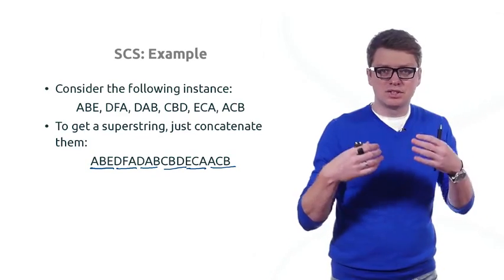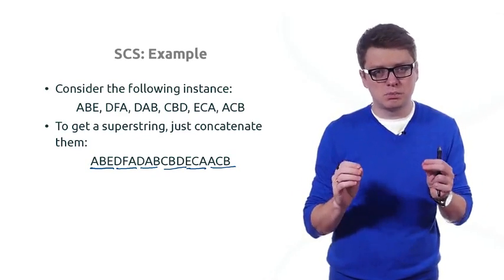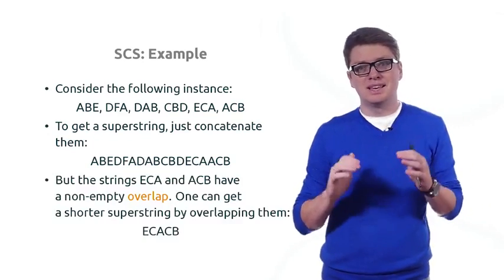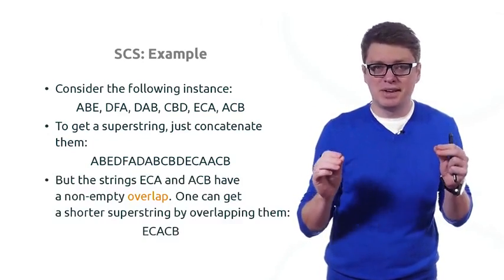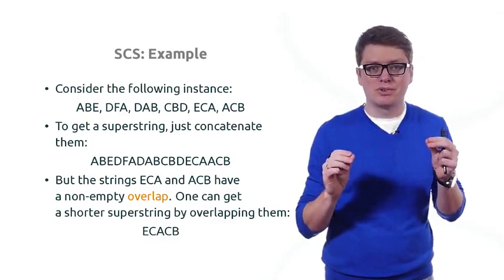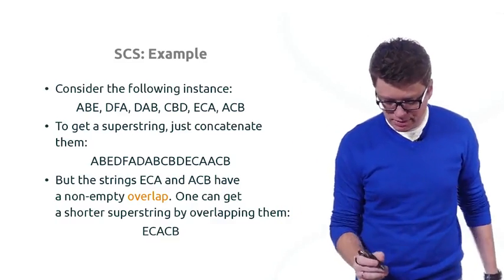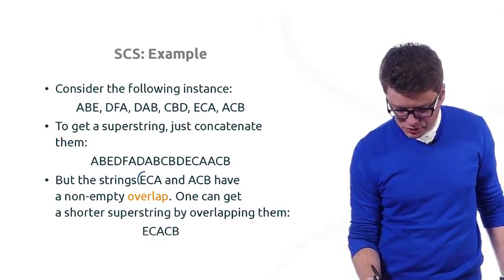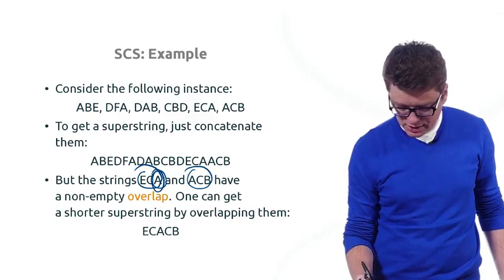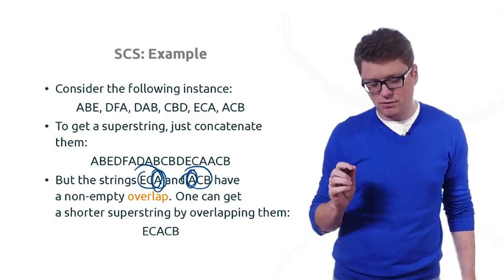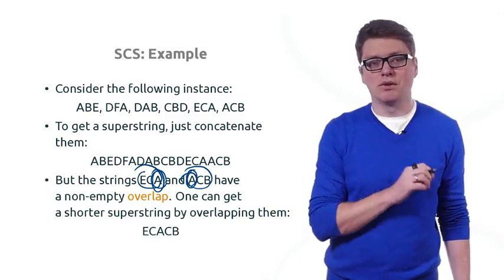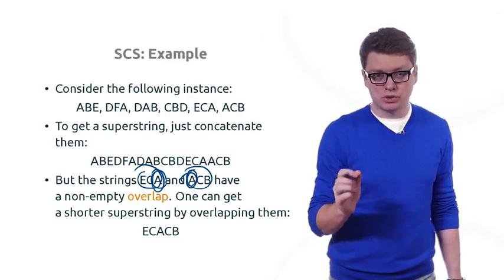The reason why sometimes it is possible to have a shorter superstring is exactly because some pairs of input strings have non-zero overlap. For example, if we have strings ECA and ACB, as you see, they share a suffix of length 1: the suffix of the first string, which is A, is the same as the prefix of the second string, which is also A.